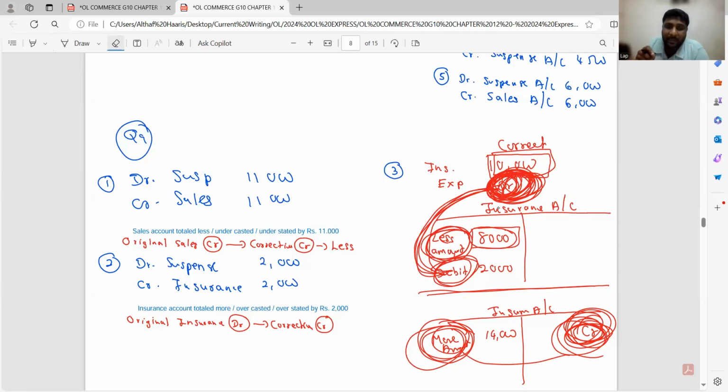Why are we putting it to the opposite side and doing the correction? Because it's an over amount, a more amount. So that's the scene. That's it.